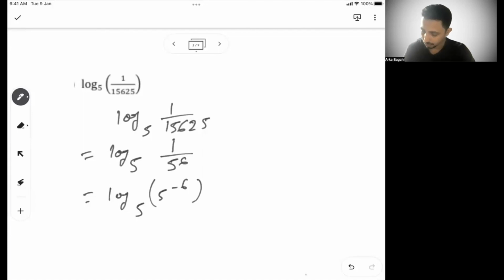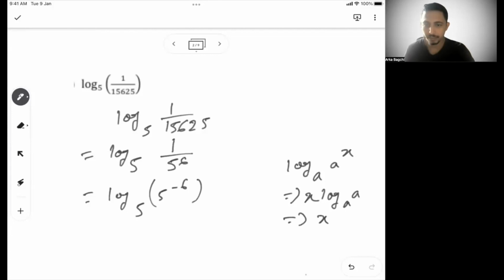Now I know the log formula: log of a to the power x, base a, will become x times log of a base a, or it will become x, because log of a base a is basically 1. So this will become minus 6 times log of 5 base 5, or minus 6 is your answer, right?